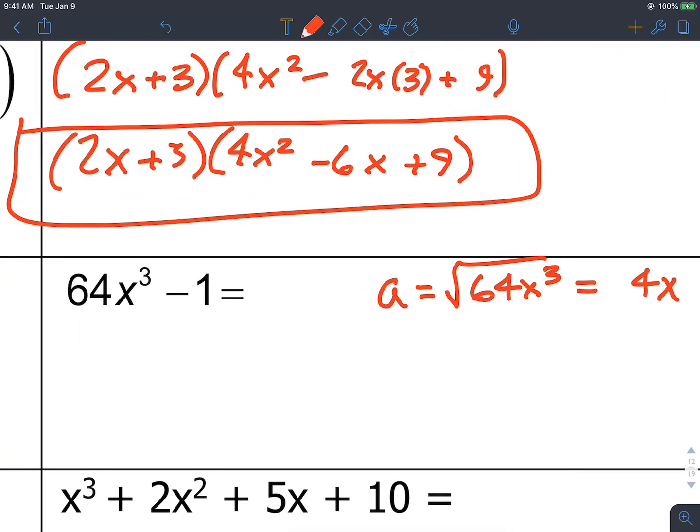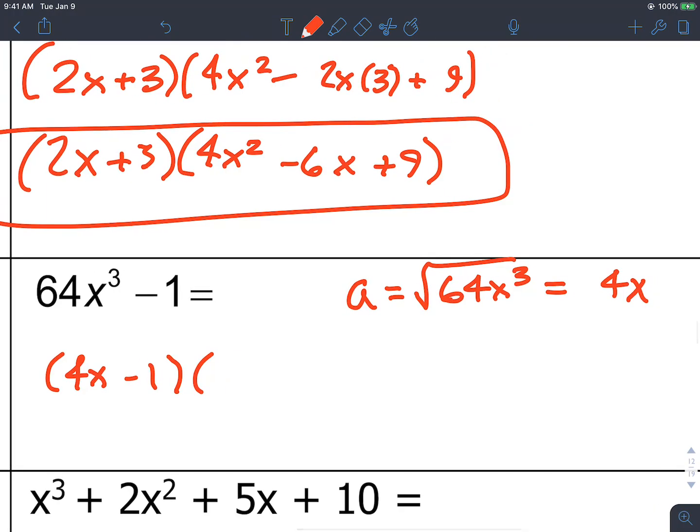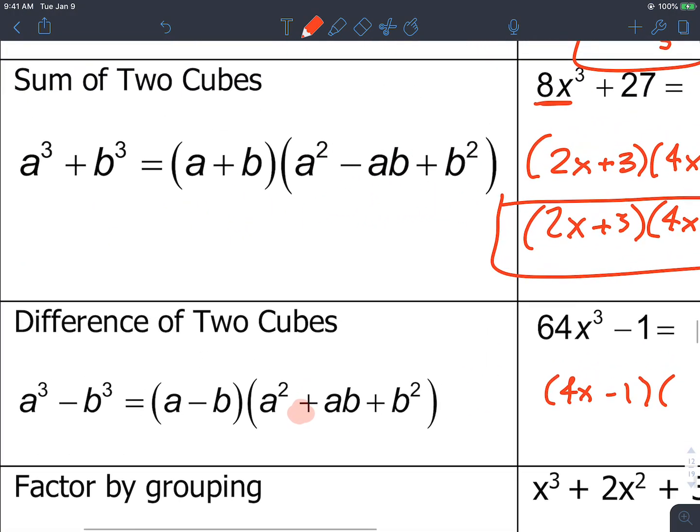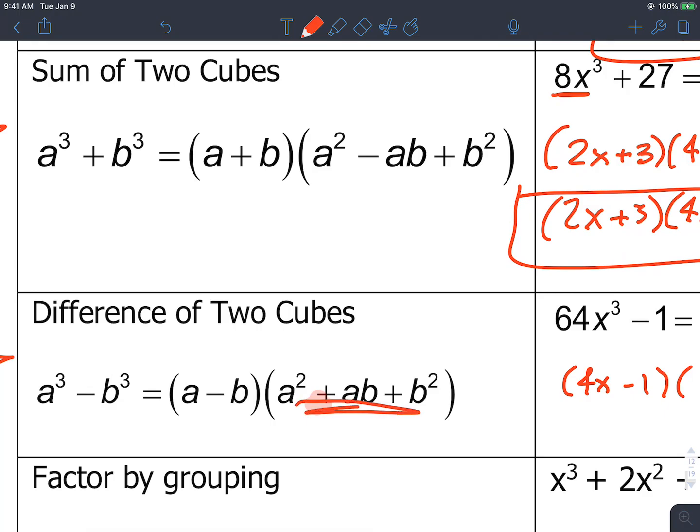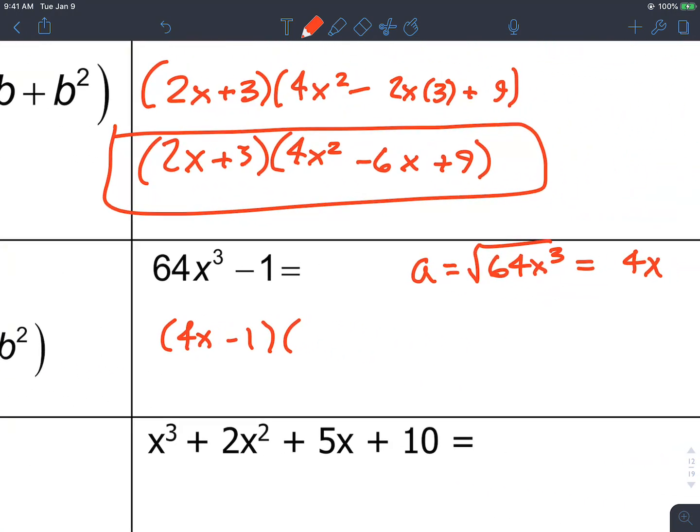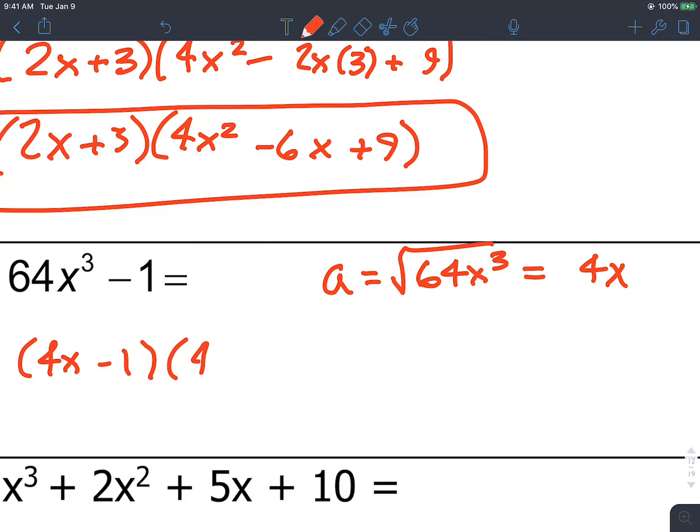Then the factoring formula says take your a, 4x, and your b, negative 1, so it should be the same sign there. Notice how with the difference of cubes, you put two positives right here, so the rest of this will be positives. We'll go 4x squared, or 4x times 4x, which gets us 16x squared.